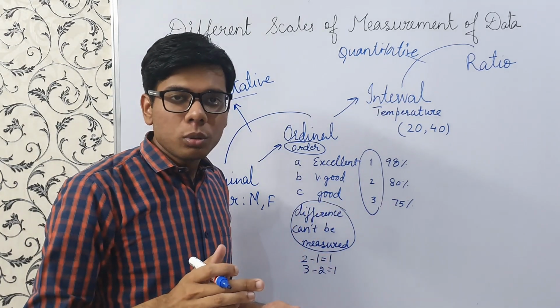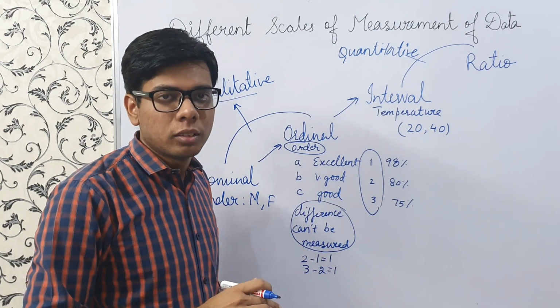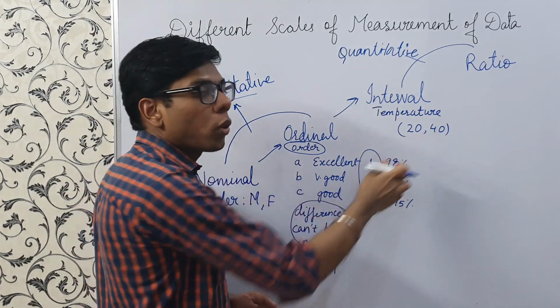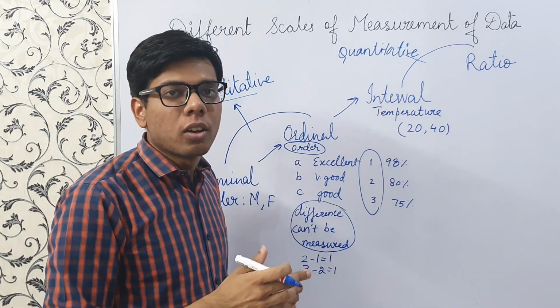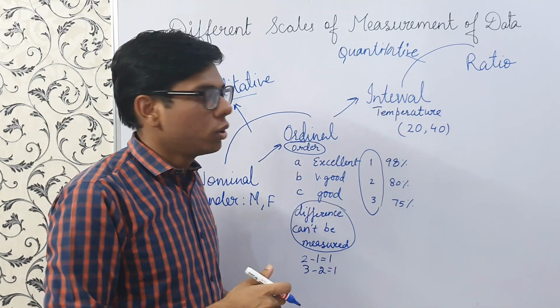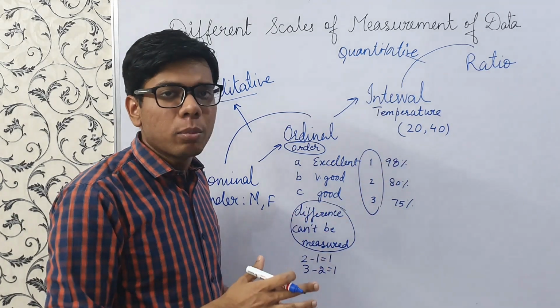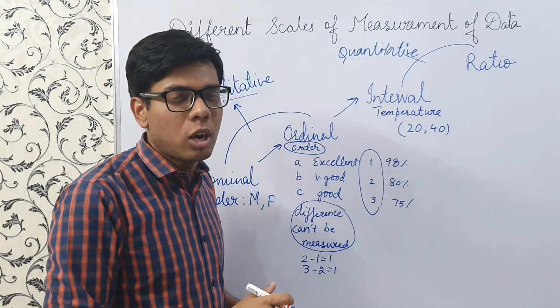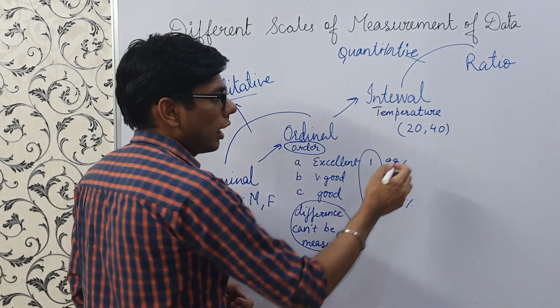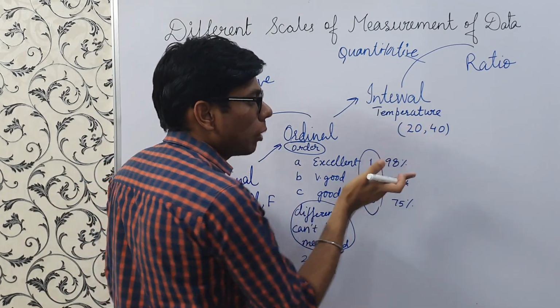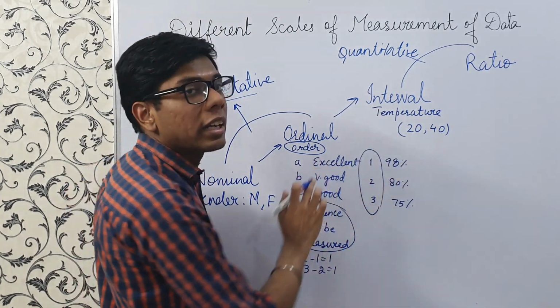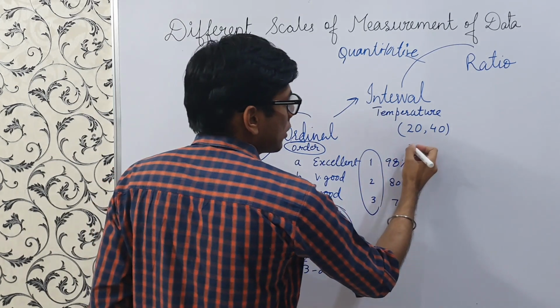So when you get out of the room, you won't say that it is twice as hot as inside. You say that बाहर बहुत गर्मी है, it's too hot outside as compared to inside, right? So here the proportion or the ratio is not defined between the quantities.